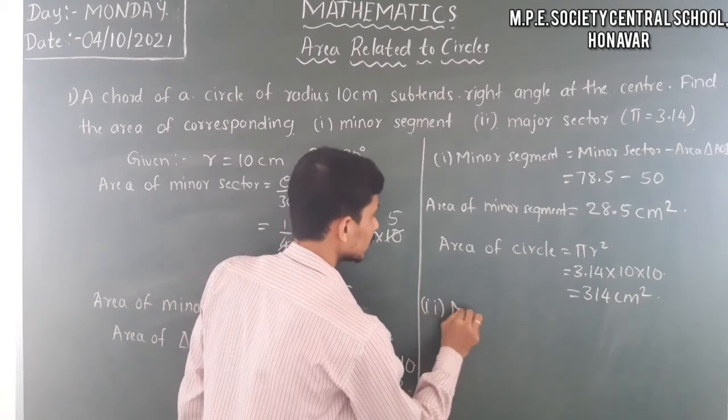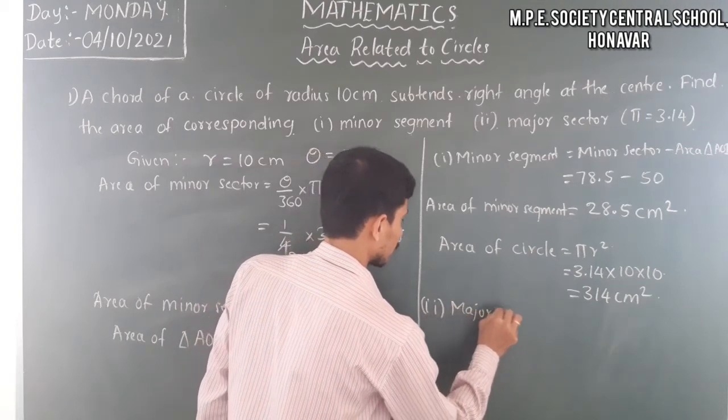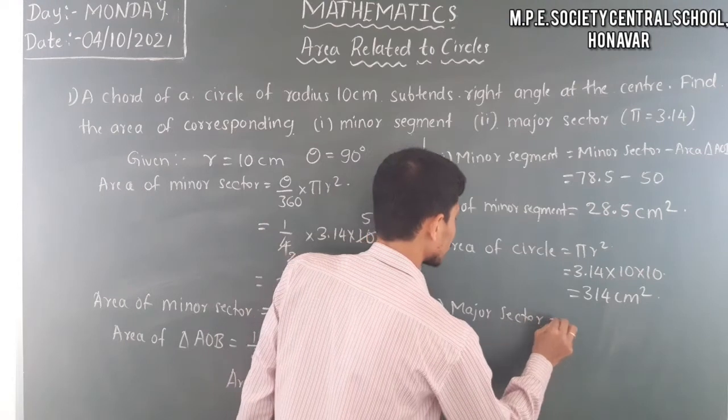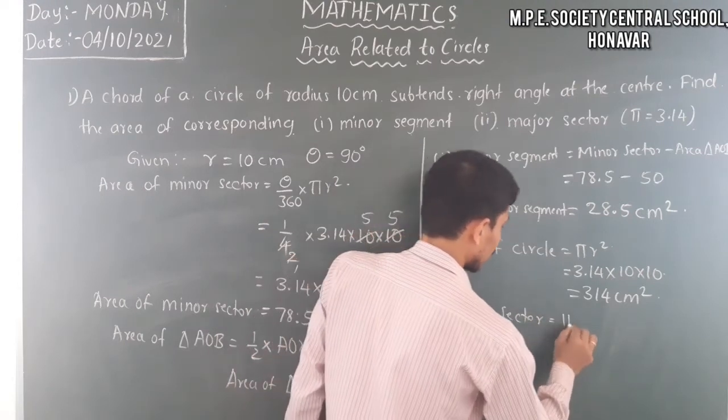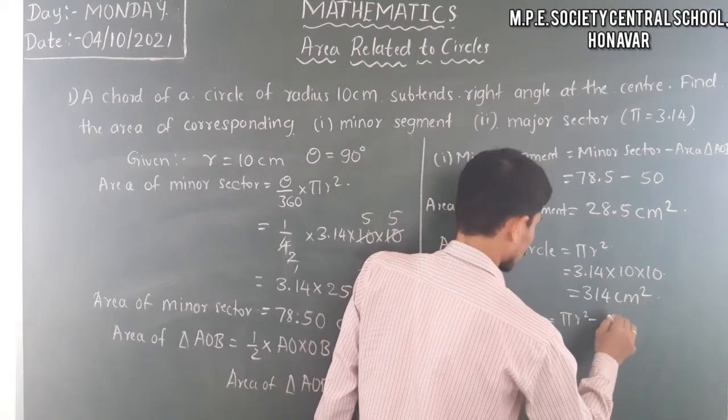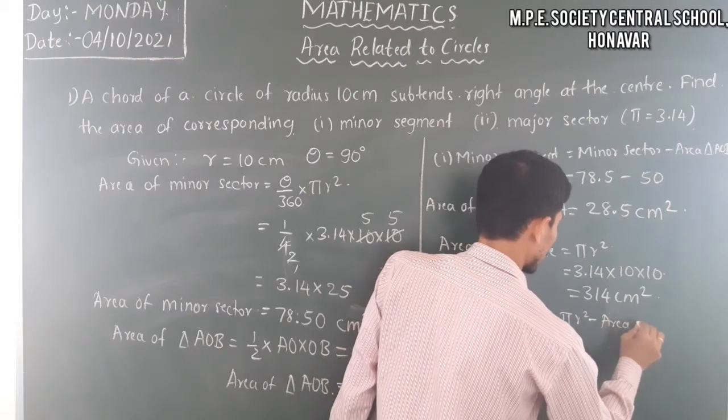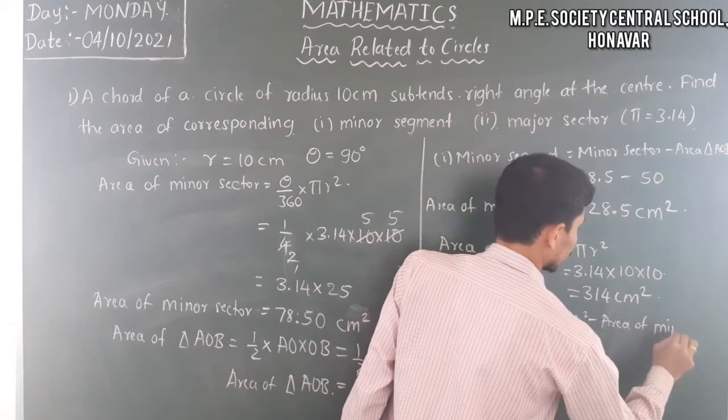Then let us move on to the next one. It is the major sector. Major sector is equal to pi r square minus area of minor sector.